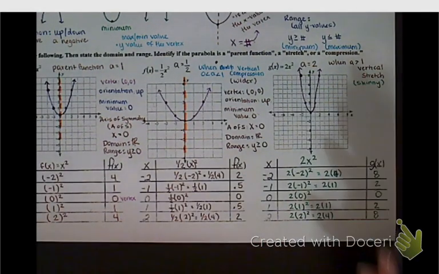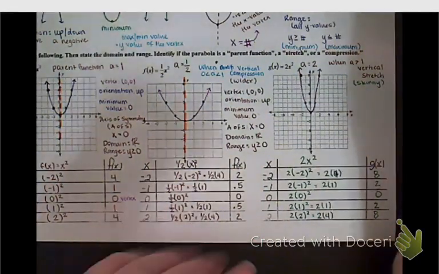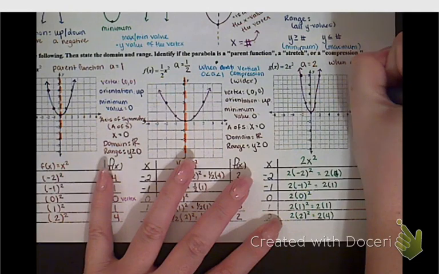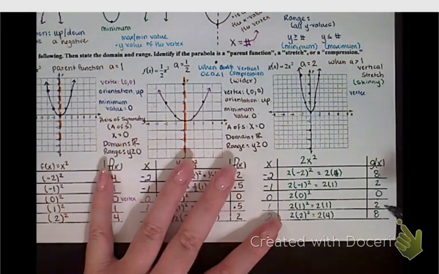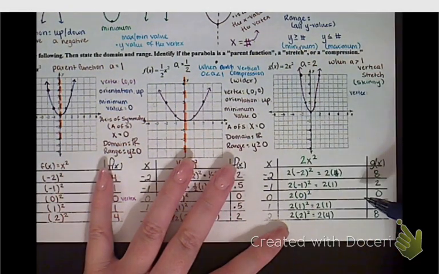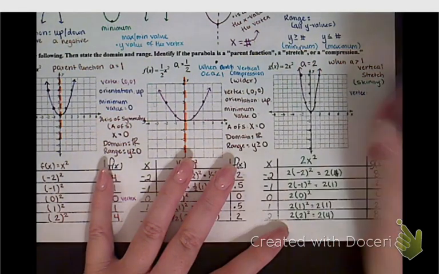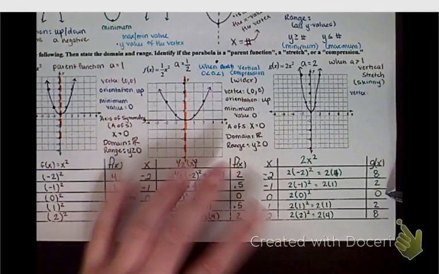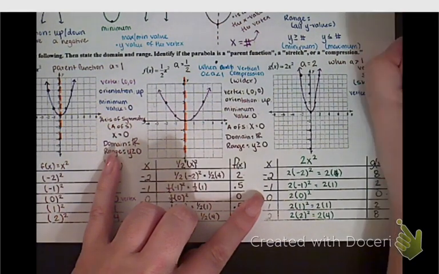All right. Hopefully you took a second to see if you can identify everything. So the first thing we're going to identify is our vertex. Remember, there is going to be symmetry around your vertex. So if I look at my table, or I can even look at my graph, this point here is going to be my vertex, which is at 0, 0. But there is symmetry around it.